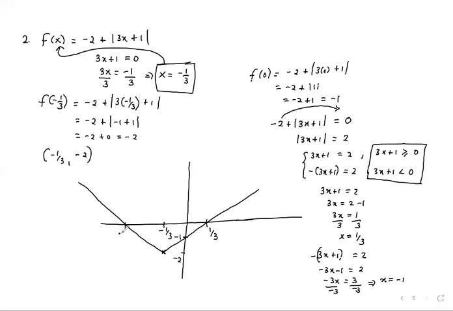So this is negative 1. That's how you get to know there were intercepts there. So this is a detailed graph.